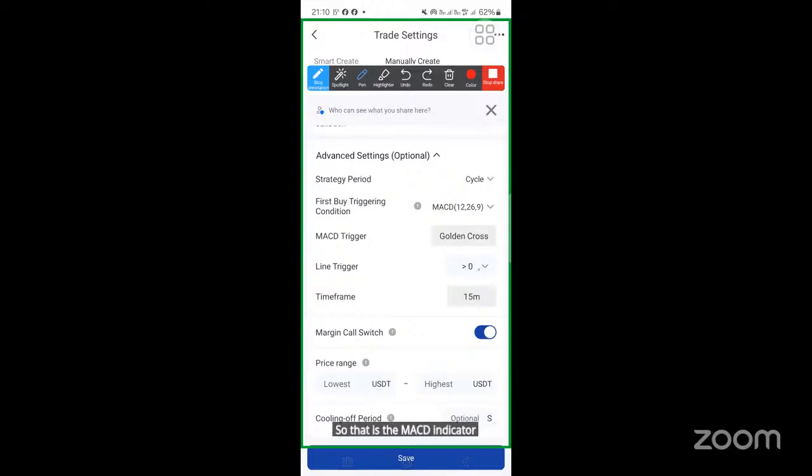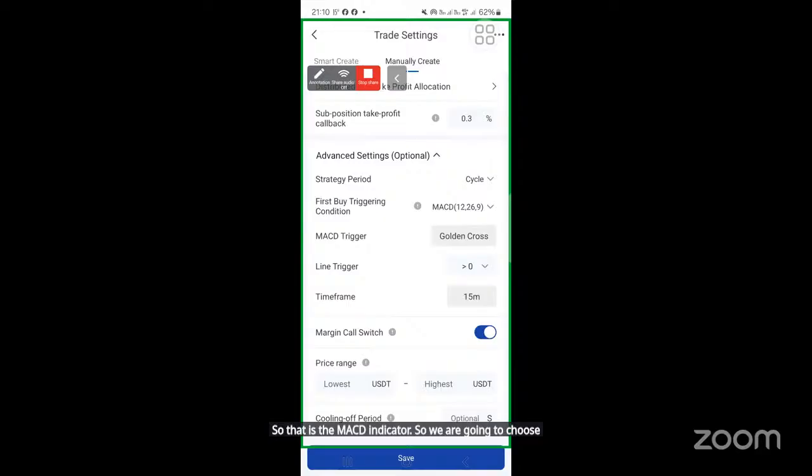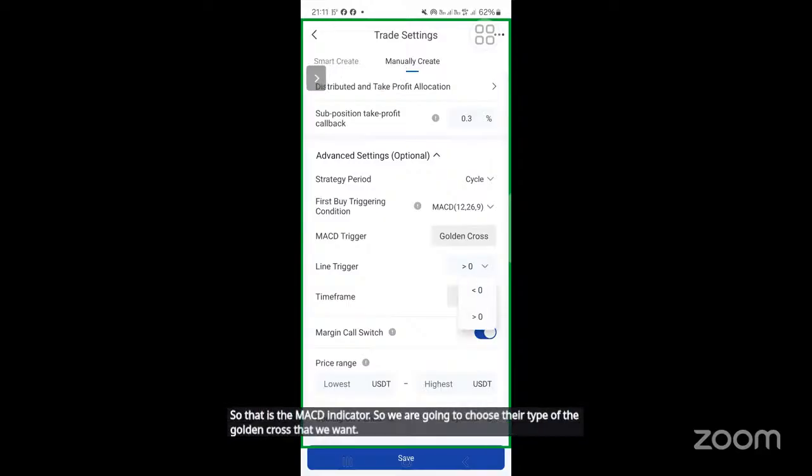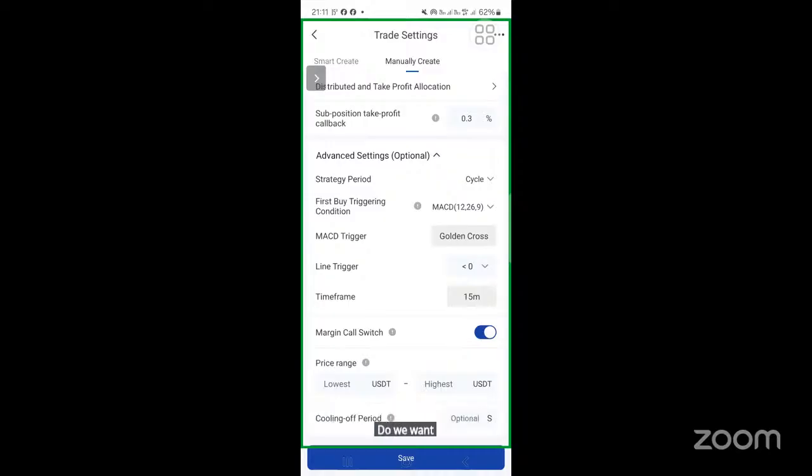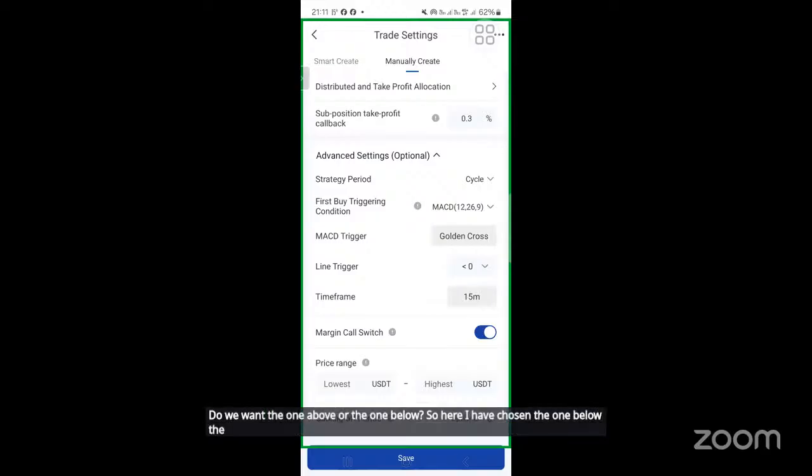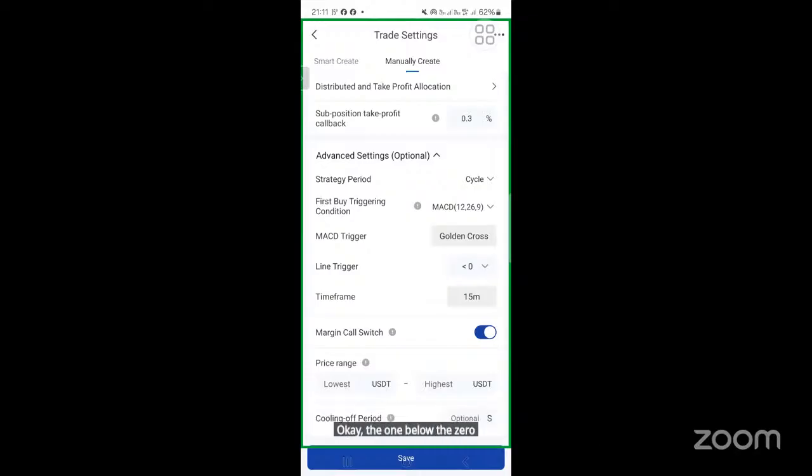So we are going to choose the type of golden cross that we want. Do we want the one above or the one below? Here I have chosen the one below the zero line. The one below the zero line is the one I have activated here.